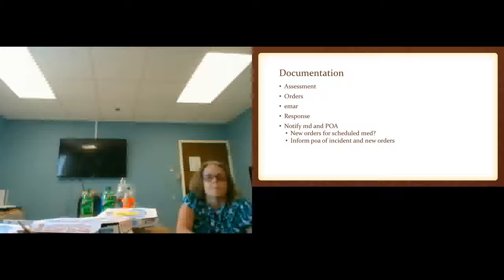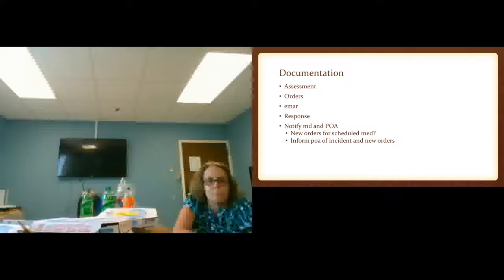We also want to assess what their cultural beliefs are regarding that. Some patients might believe they're only supposed to have a bowel movement twice a week, and those patients are going to be the ones that refuse anything that we offer them because it's normal to them. We're going to want to document that assessment. Y'all document that on the plan of care, and then the nurses document that in their progress notes.